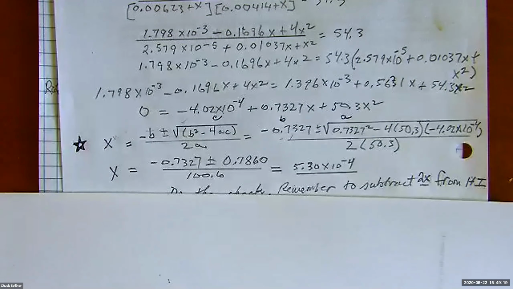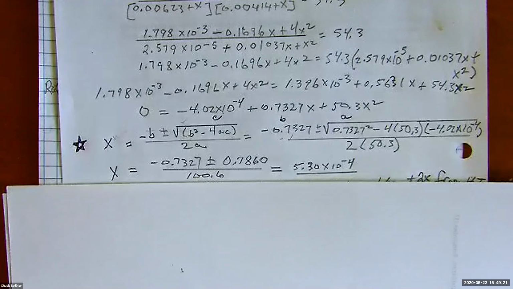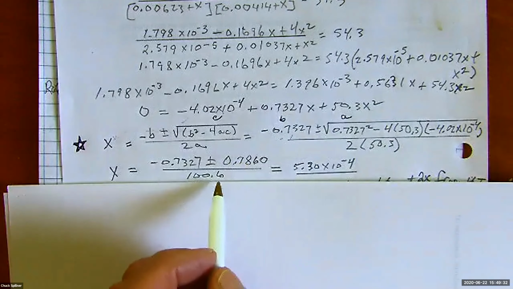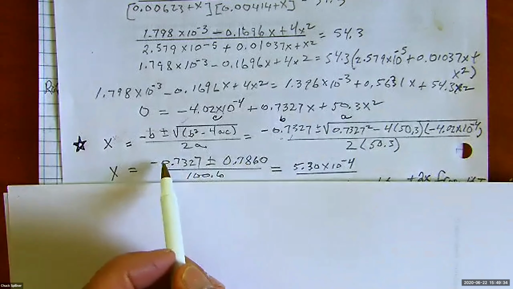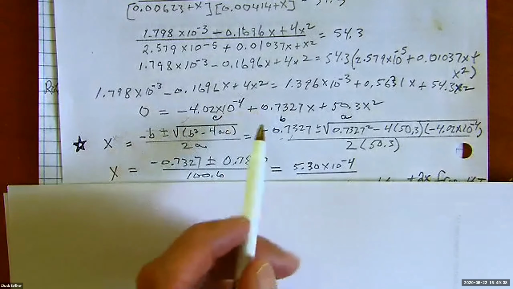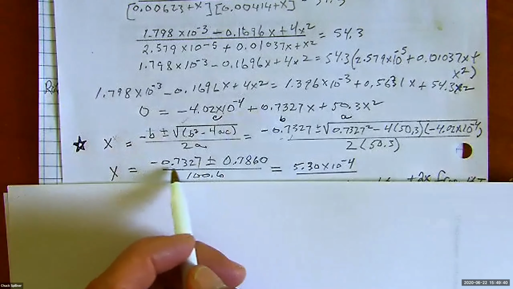And when we do that, we end up with x equal to minus 0.7327 plus or minus 0.7860 divided by 100.6. Since our B is a positive value, when you plug into the quadratic it becomes negative.